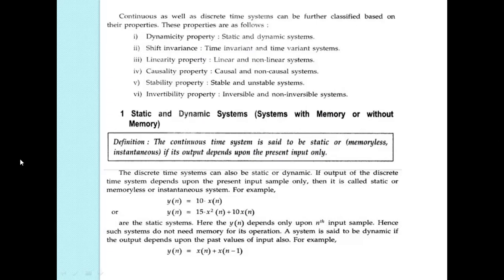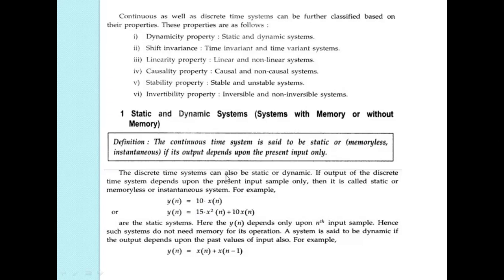Static means the output depends upon the present input only. For example, y of n is equal to 10 into x of n, or y of n is equal to 15 into x square of n plus 10 into x of n, which is a combination of the input functions.